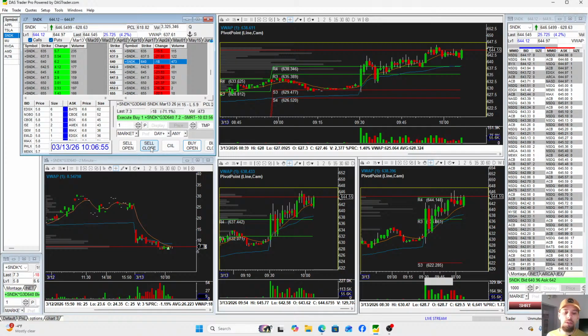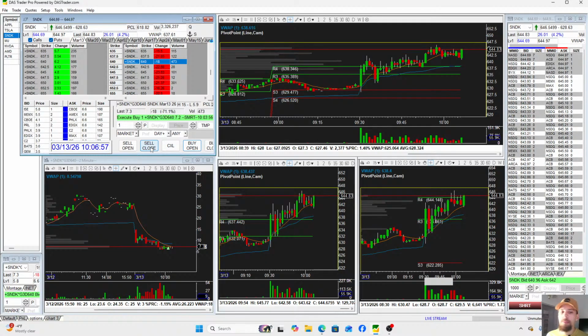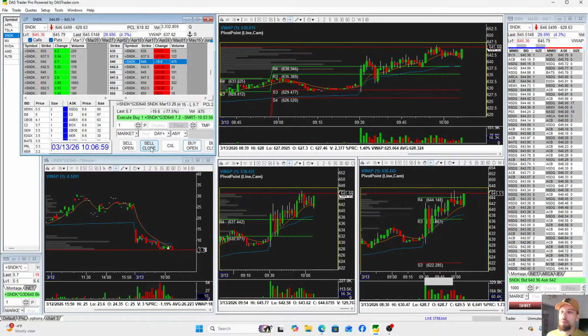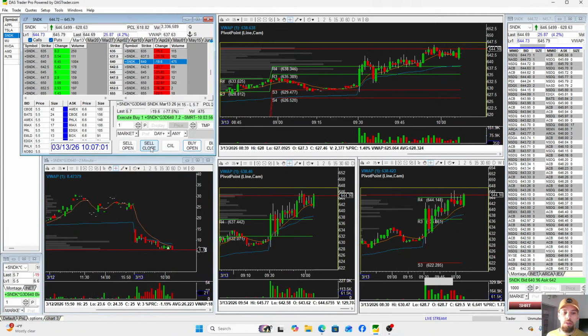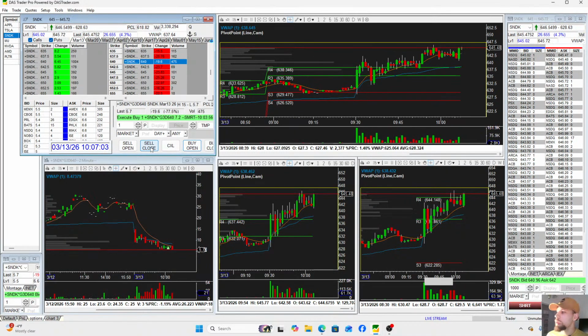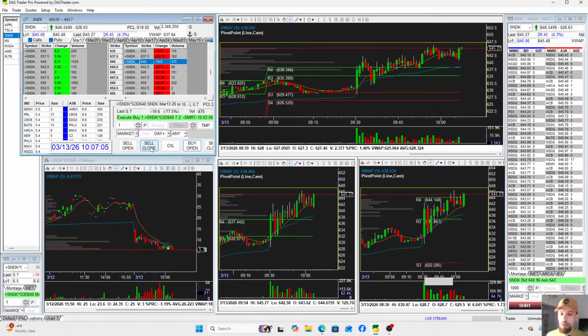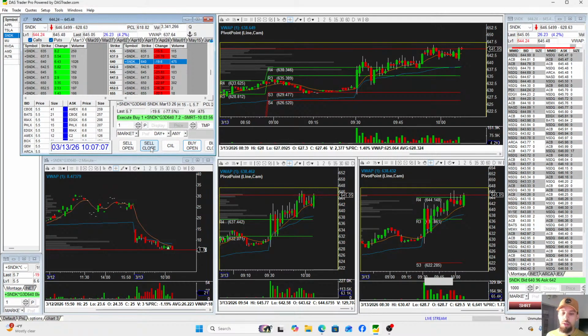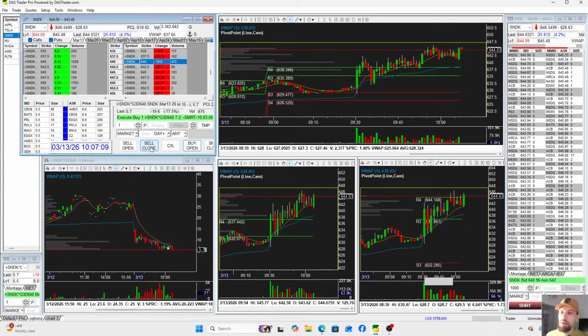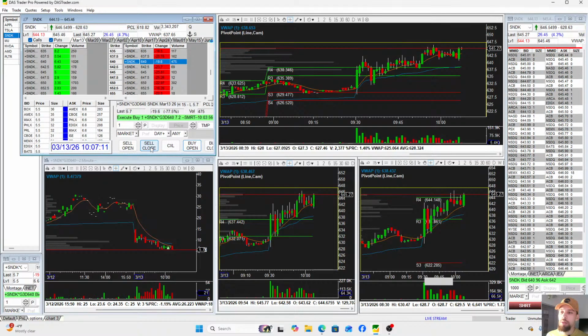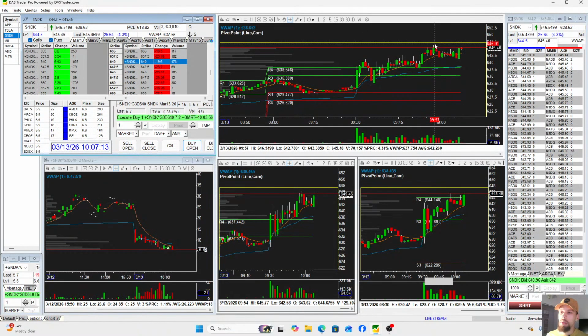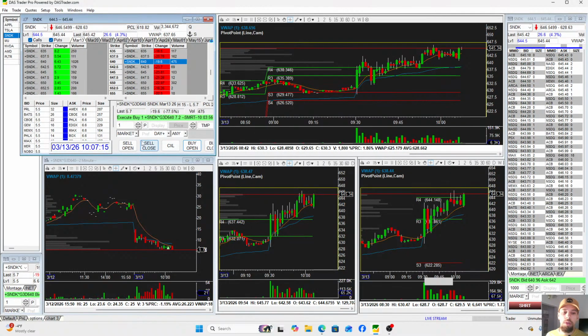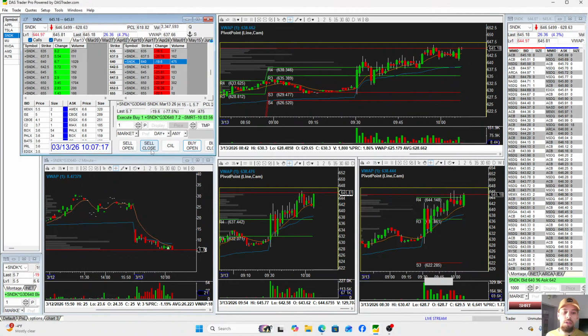Volume's increasing, so it's definitely more bullish price action right now. It's a nice 1-minute candle to the upside. Still just waiting. If it gets above the high of this range, I'm all out.